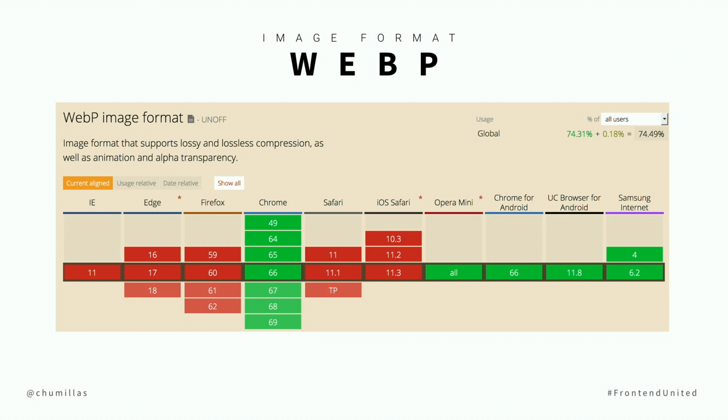So if we want to use WebP, this is the average support that we have. Chrome has a huge amount of people using it, so on average it's a lot, but we can always use responsive images, as you will see, with several formats. So we can have a backward compatibility image to use. So we can use WebP and then JPEG as a fallback.